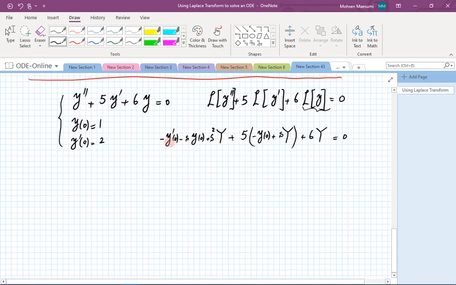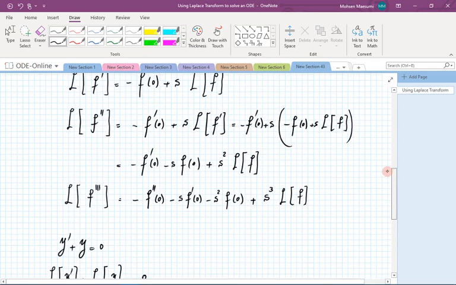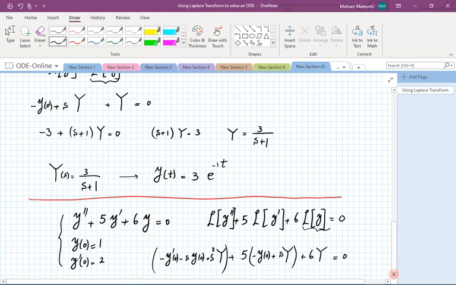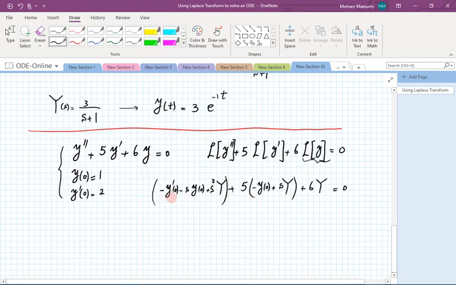So this formula, remember, it came from the Laplace transform of the second derivative being minus f prime 0 minus s f of 0 plus s squared times the Laplace transform of f. That is what we are using here. So what do I have right now?